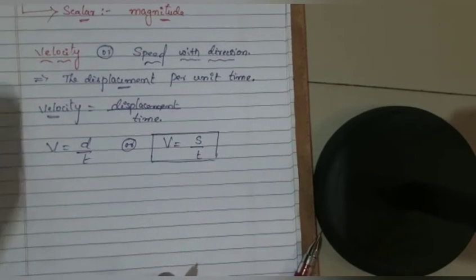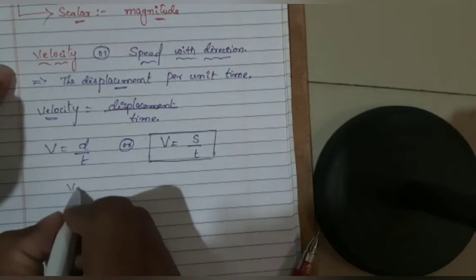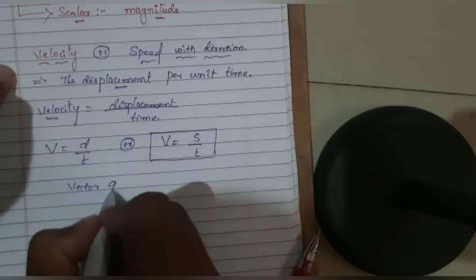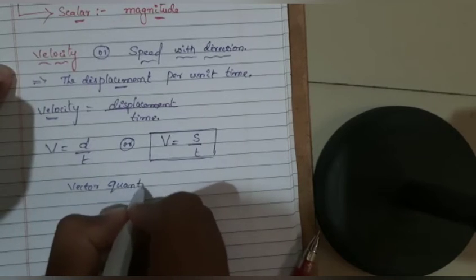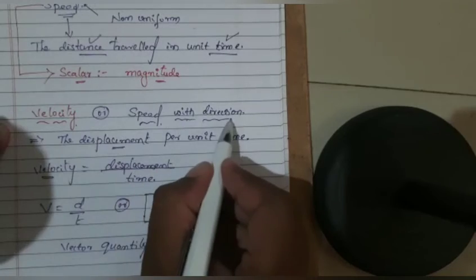Now, velocity is a vector quantity, isn't it? We can all agree on this. Why is velocity a vector quantity? Because the name itself says that velocity is nothing but speed with direction.